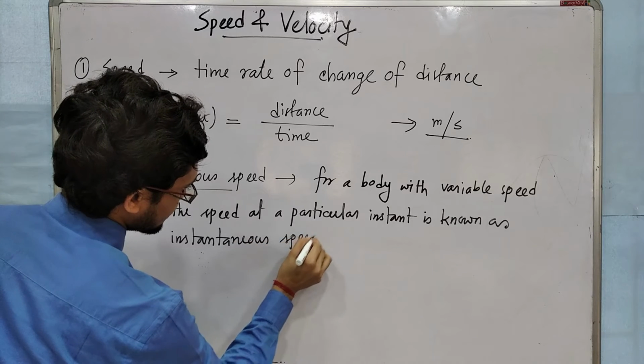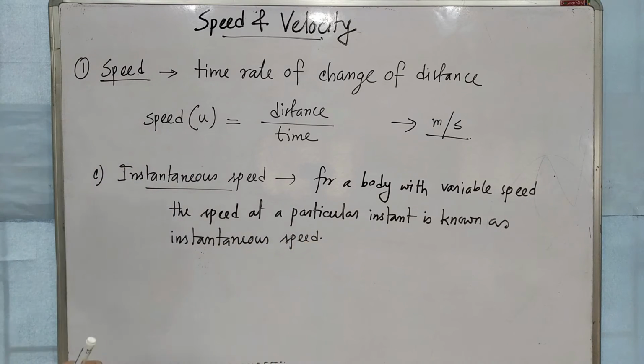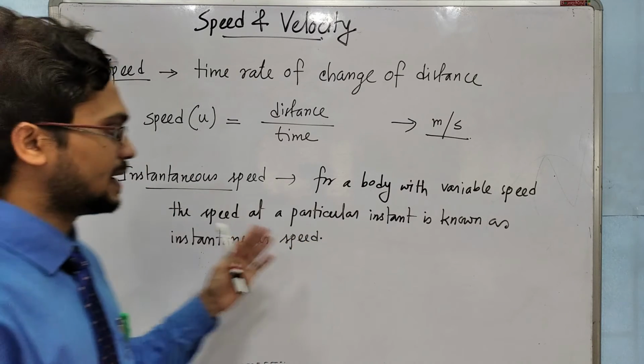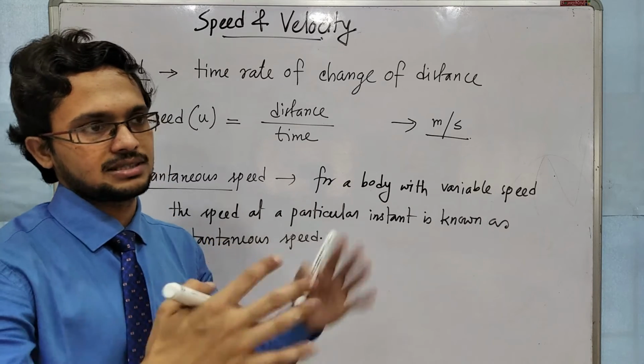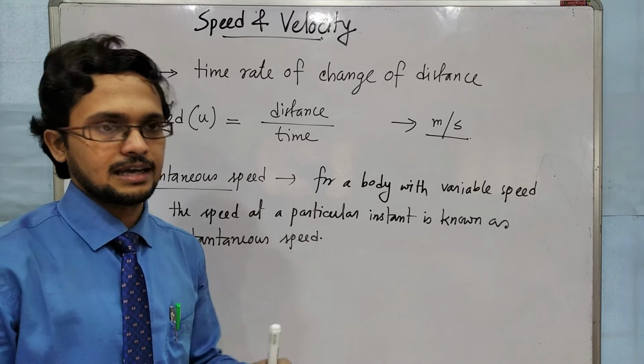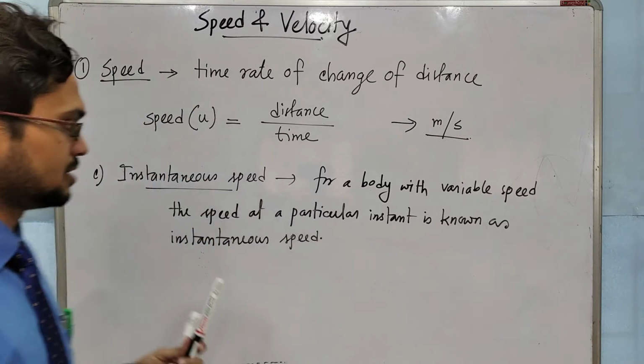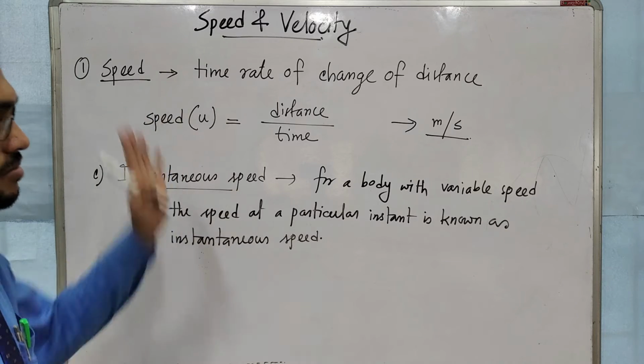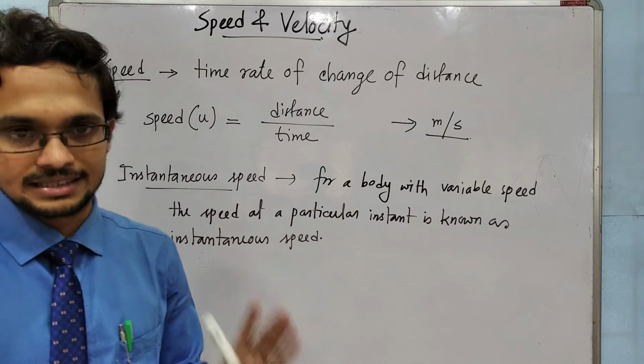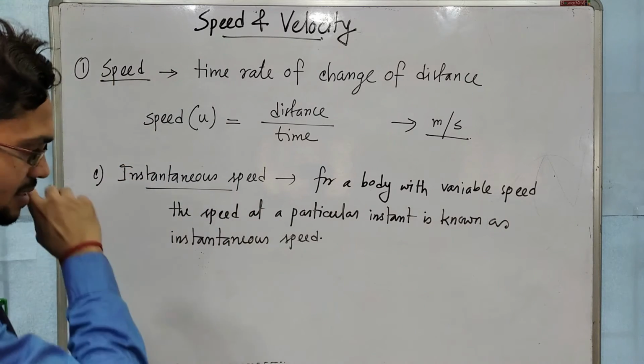So how will you find the instantaneous speed? That you will see when we will deal with graph. When we will deal with graphical representation of this motion, then we will see how to find instantaneous speed.